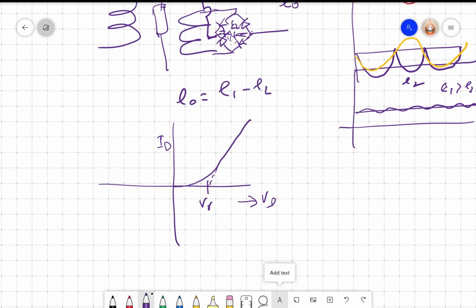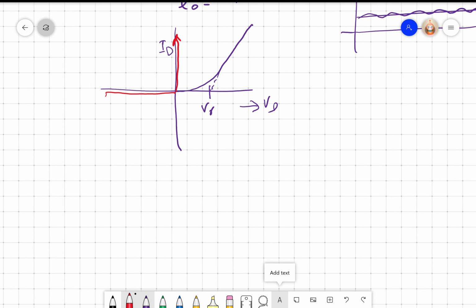Because of V gamma, we will not be able to rectify anything less than V gamma. Only voltages above V gamma can be rectified. If I look at an ideal diode, of course the ideal diode reverse current is 0, and the forward current is like this. There is no drop across it. So is it really possible to get such a rectifier? We can, right?